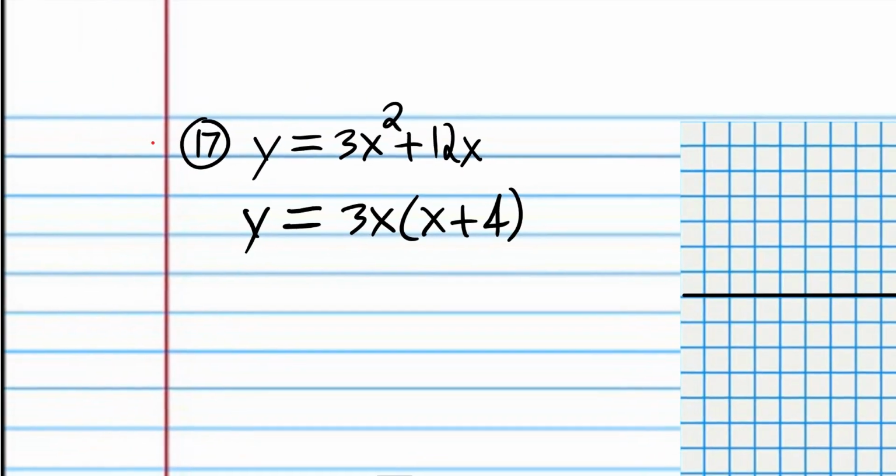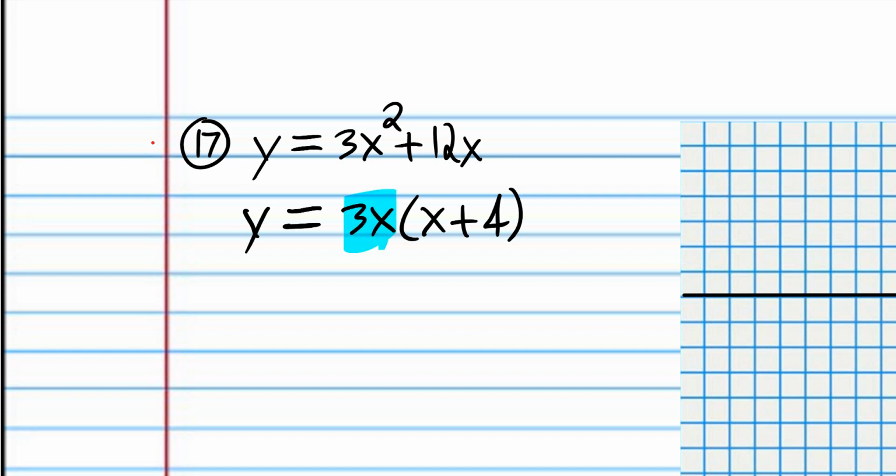Well, to understand why that works, and by the way, we learned this at the very beginning of my beginning algebra course. You can go to factoring a greatest common factor, or part 1 of factoring, in my beginning algebra course. In order to understand why this works, you just take 3x and use the distributive rule. 3x times x is 3x squared. 3x times 4 is 12x.